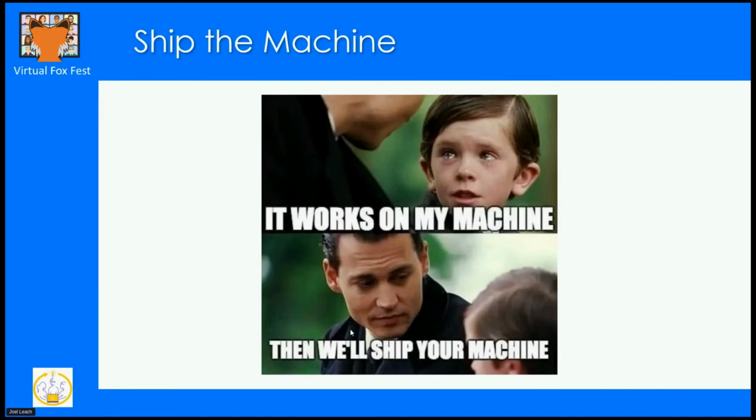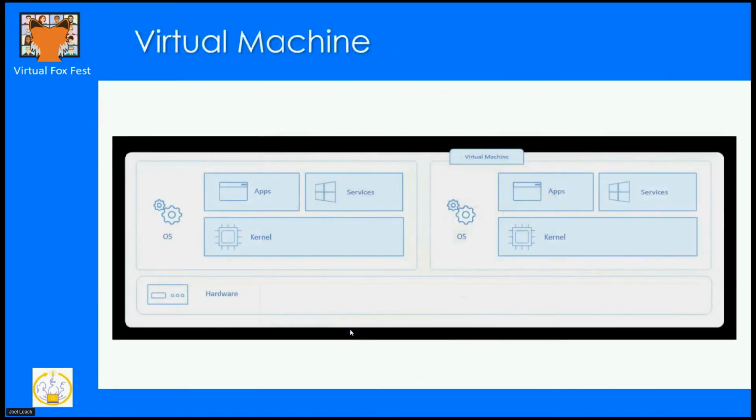So what exactly are containers? Well, conceptually, containers are very similar to VMs. A virtual machine, as the name implies, is virtual hardware, so you would install a complete operating system inside the VM, just like you would directly on the hardware.